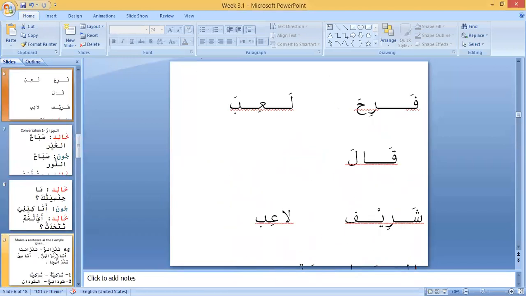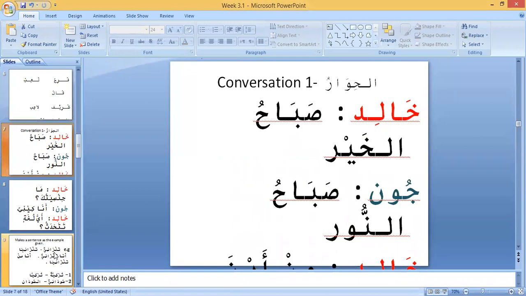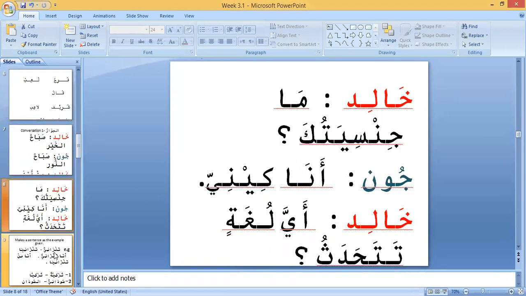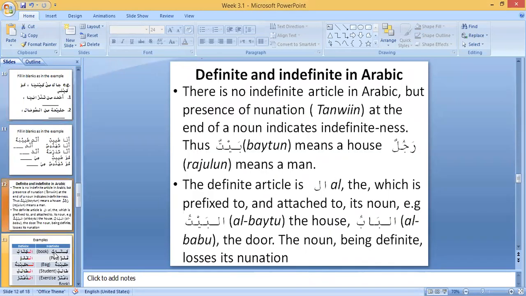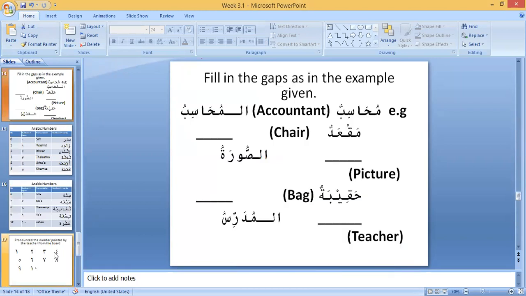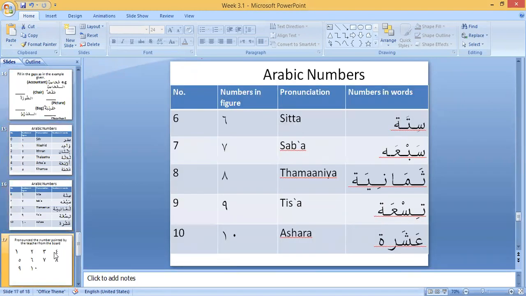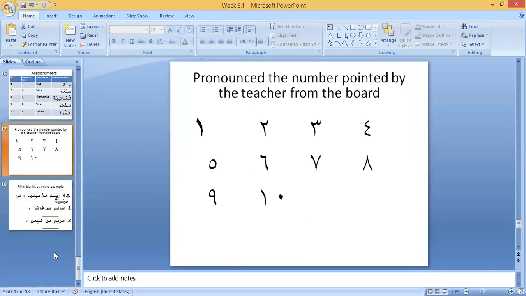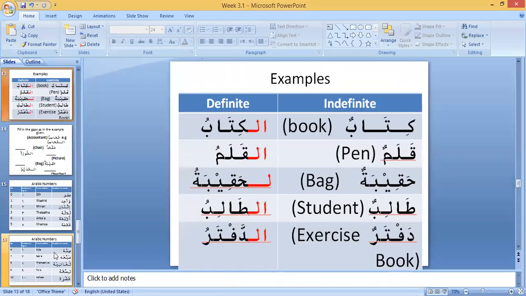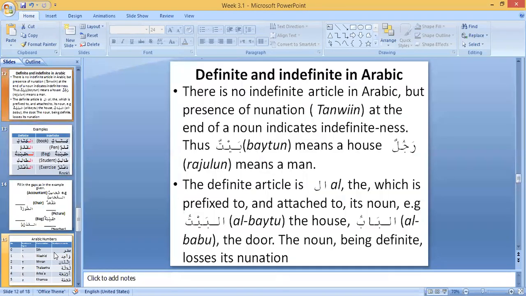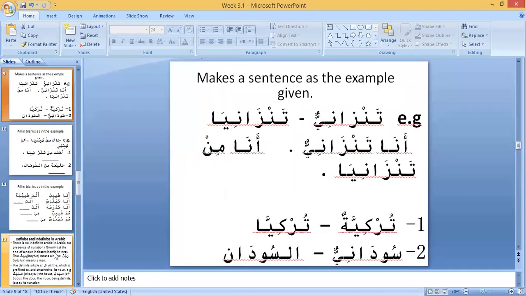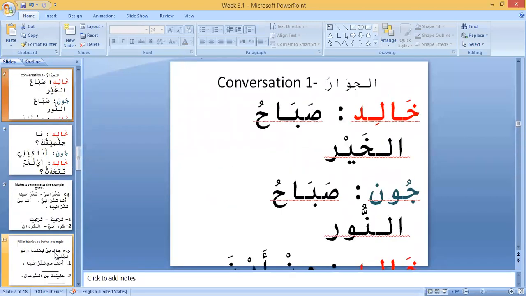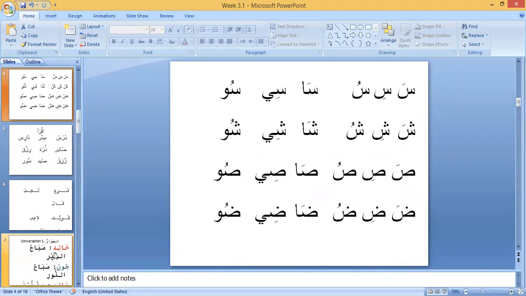Still we emphasize that you revise what we discussed. We discussed a number of things today. We discussed so much on grammar issues: dual, singular, plural, forms of plural, definite and indefinite articles, this one with al, pronouns, and all those.